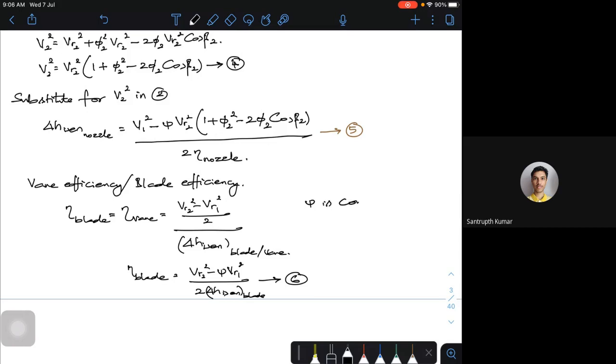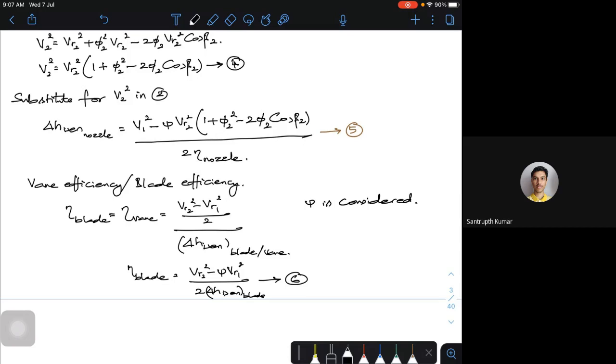If psi is not considered, it would have been simply VR2 square minus VR1 square, so there is no friction coefficient. That's the meaning of it. But if I go with this, there is actually a little bit of friction coefficient. I am calling that equation number 6.